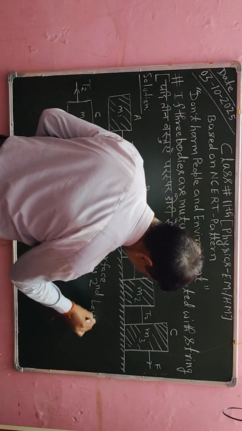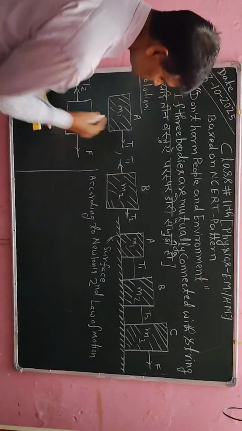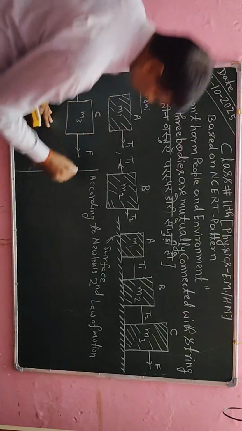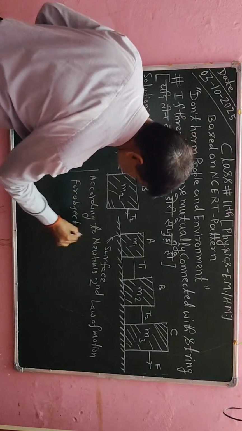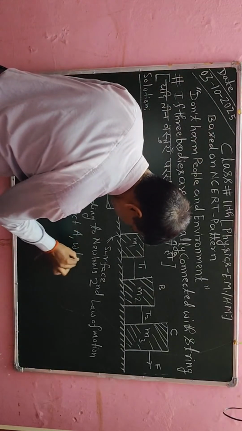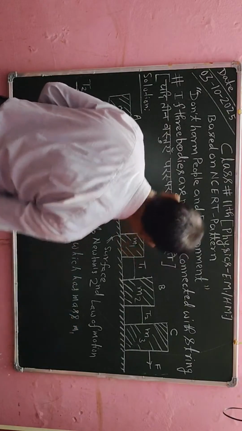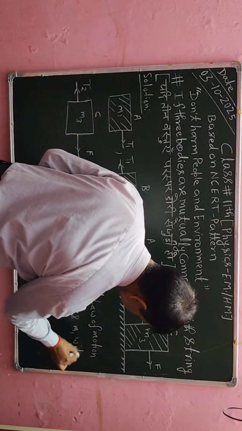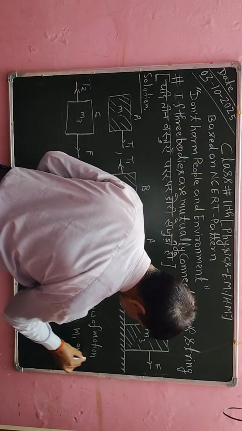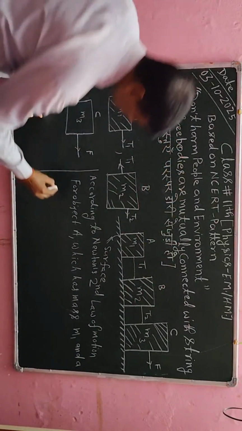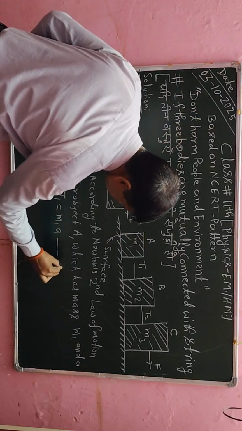For object A, which has mass m1 and acceleration A, according to Newton's second law of motion, T1 is equal to m1 into A. I will say this is equation number 1.